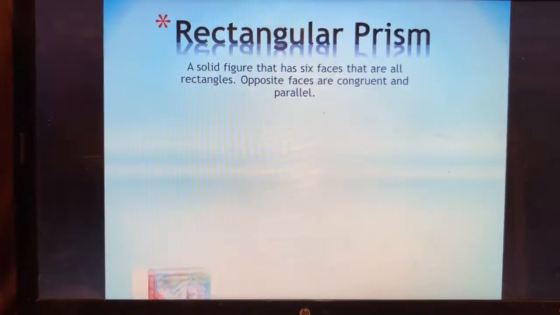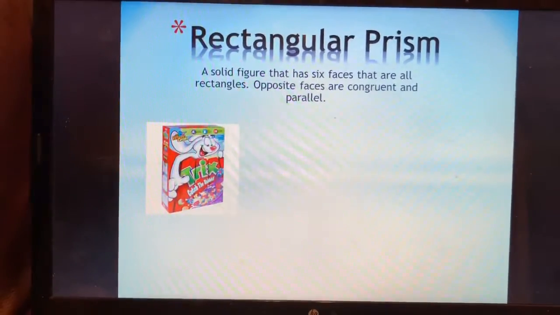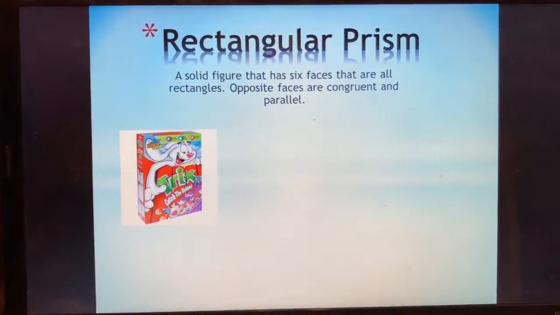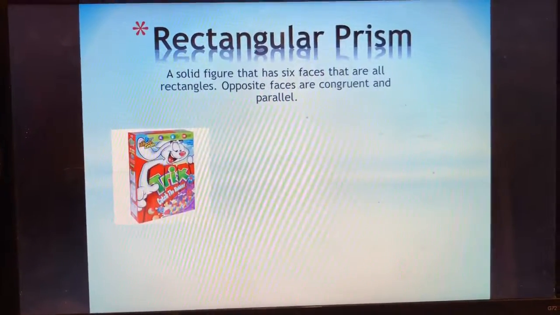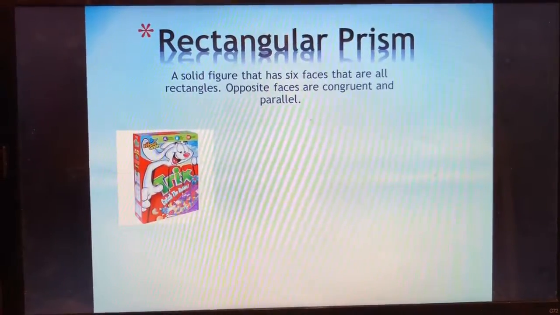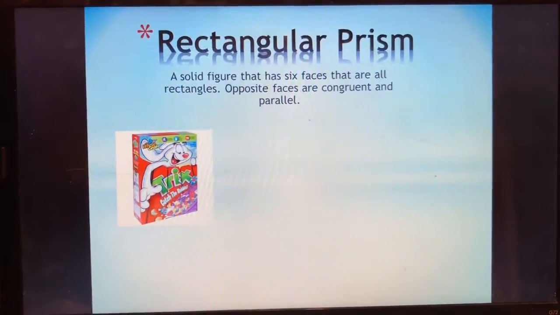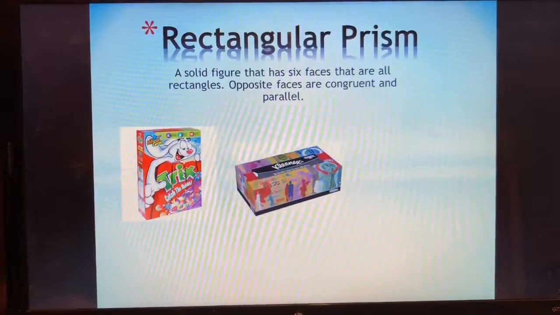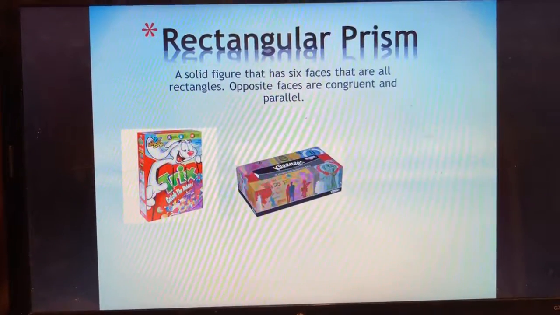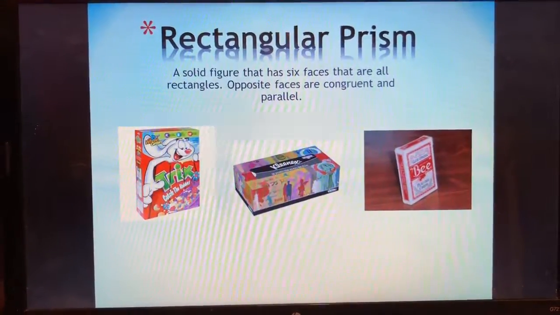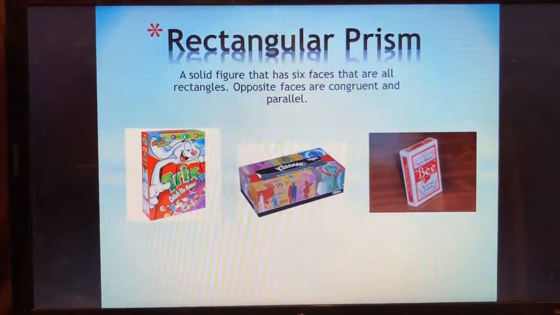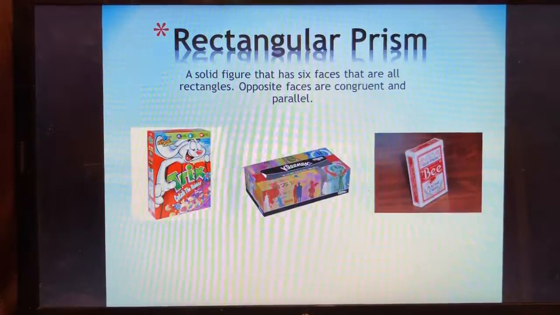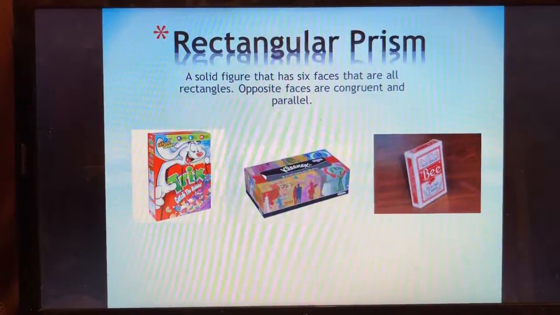One example that we see very often would be a box of cereal, and we can see that it follows all the rules of a rectangular prism. Also, a Kleenex box is an example of a rectangular prism, or even a deck of cards. These are all examples of a rectangular prism.